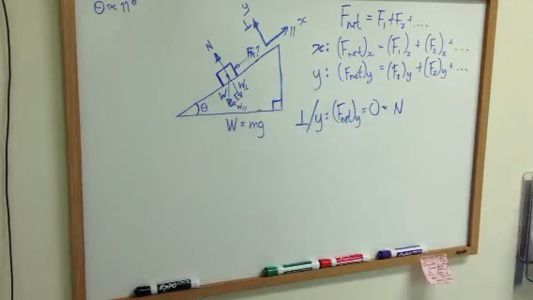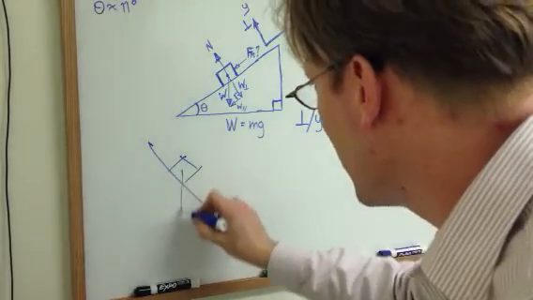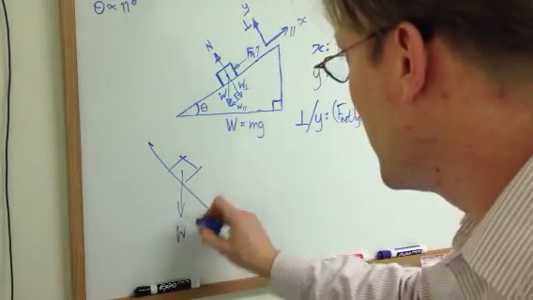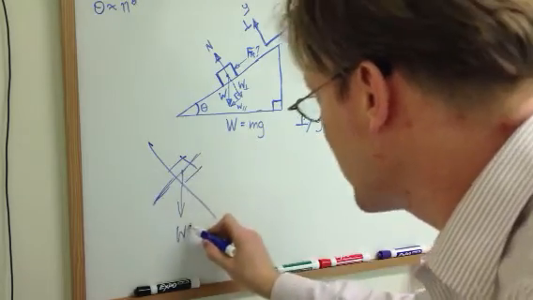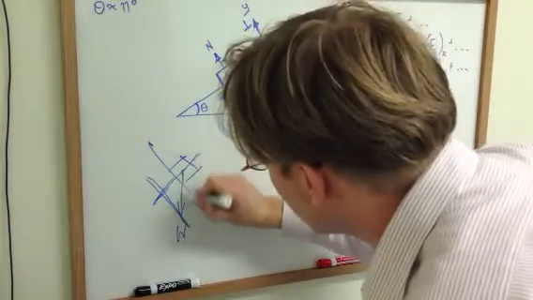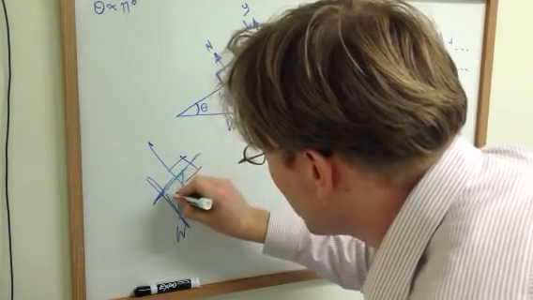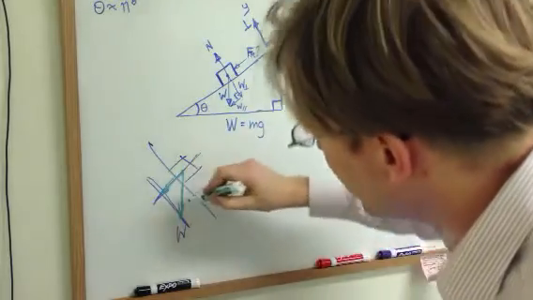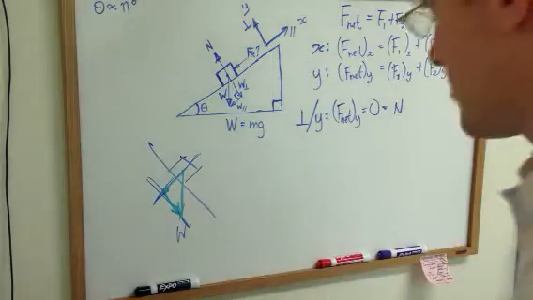Be careful how I've drawn it there, and when you're in different situations, the weight is always going to be down. It's going to have a perpendicular component. It's going to have a parallel component. And you need to be able to bust up this weight into how much it pulls the object against the surface and how much it pulls the object along the surface.